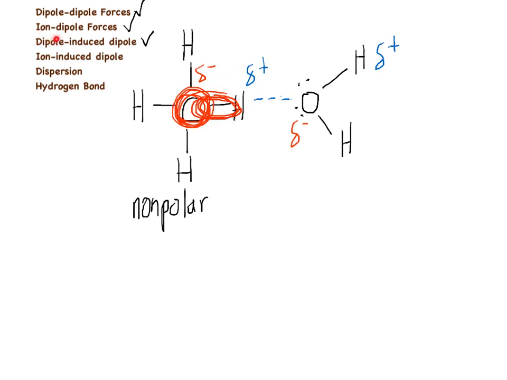So a dipole-induced dipole. This dipole was induced by another dipole. So when we come to the next one, ion-induced dipole, a dipole was induced, but this time it's going to be by an ion. So basically the same scenario, but I'll do it again, just so we're clear.